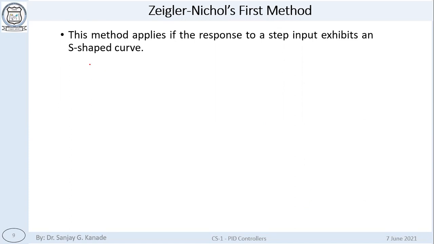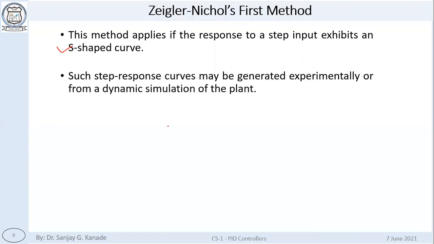Remember, we must obtain an S-shaped curve in the first method. As I already told you, you can use your simulation model to generate the step response, or you can directly get it experimentally by applying the step input to a plant.